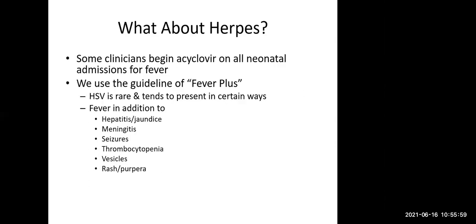Okay, herpes. Herpes has gained a lot of attention because the outcome is very bad. Herpes infection is very bad and it's quite common. For viral infection, herpes is one of the most common, and most of the time it presents in 3 ways.